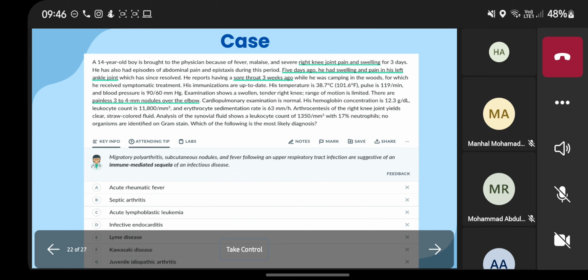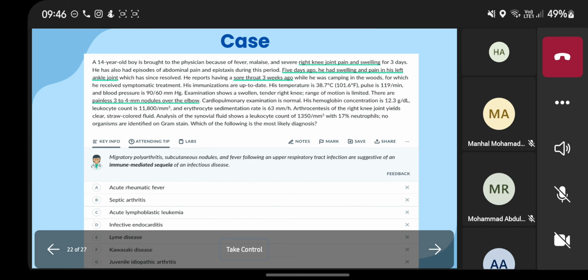His temperature is 38.7, pulse is 119 per minute, and his blood pressure is 90/60. Examination shows a swollen, tender right knee. Range of motion is limited. There are painless 3 to 4 millimeter nodules over the elbow. Cardiopulmonary examination is normal. His hemoglobin concentration is 12.3.